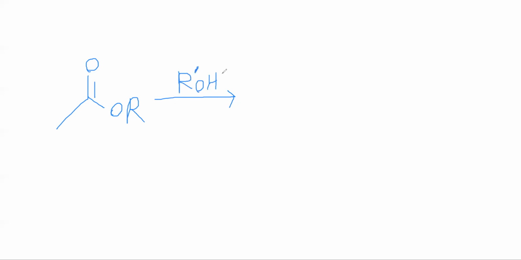So I'm going to put a prime here on this R group just to show that it's a different alcohol. And this is just transesterification. You're turning one ester into another. You might not think that would be possible, but it is a thing you can do. So just good to be aware of.